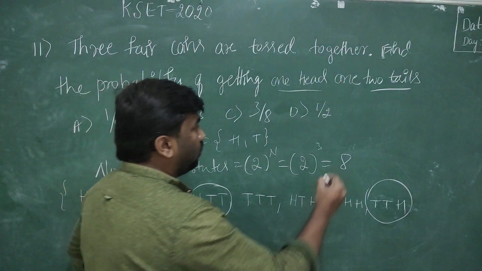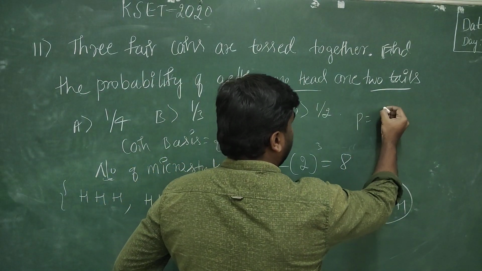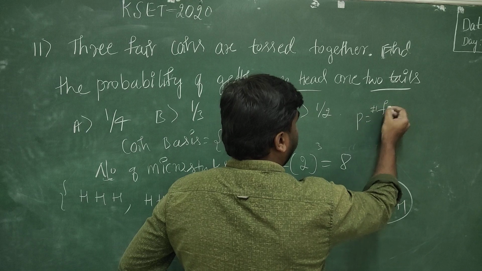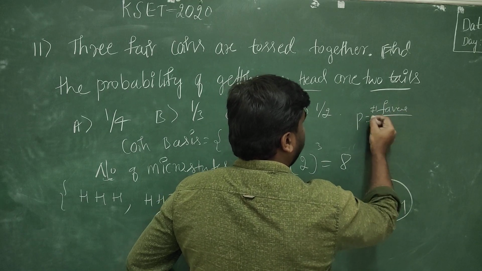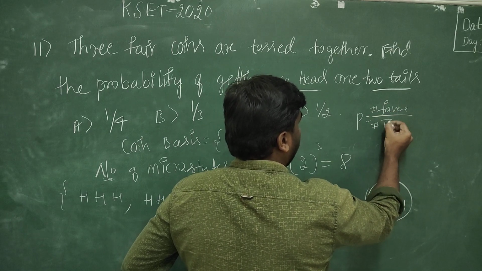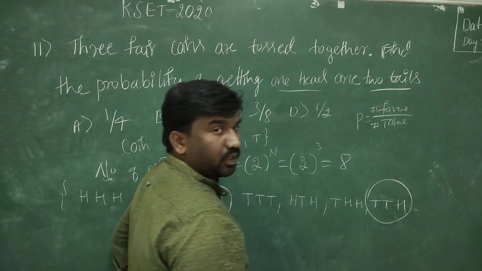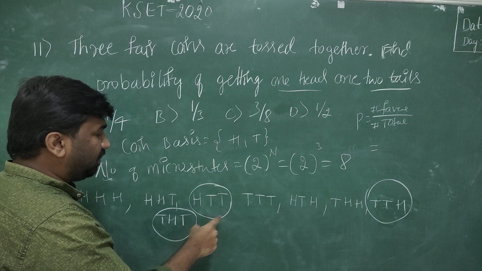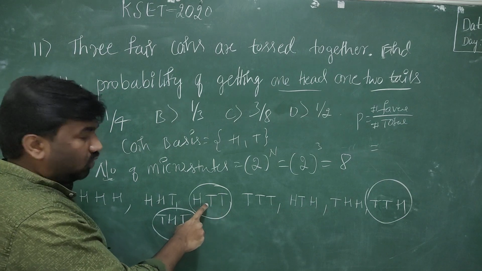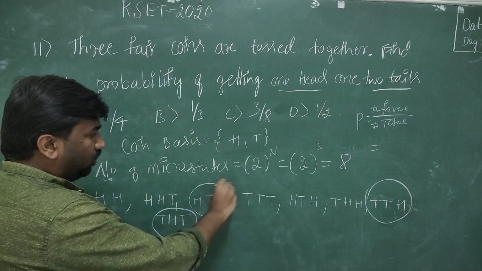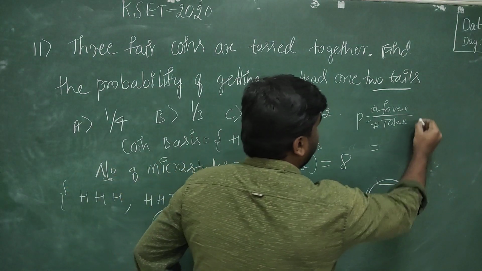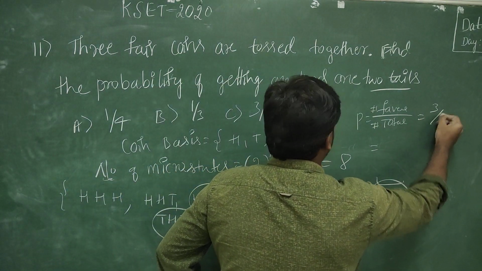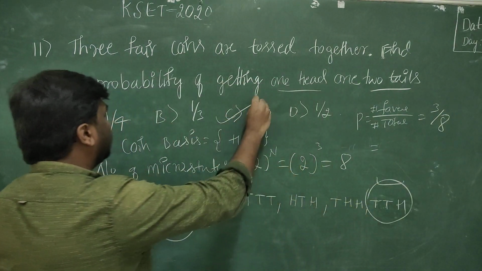No. So the probability P is equal to the number of favorable outcomes divided by the total number, which is 3 by 8. So the answer is 3 by 8.